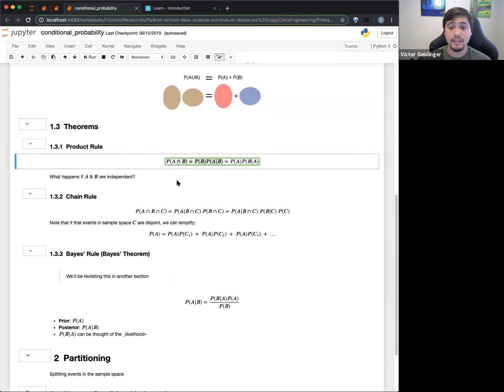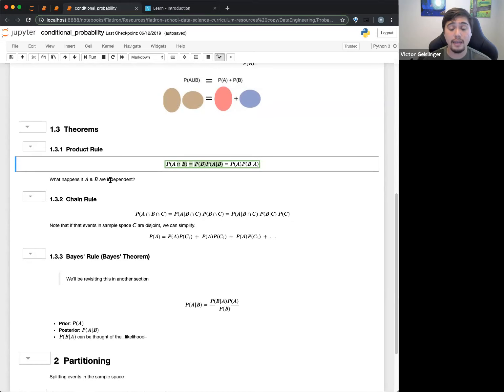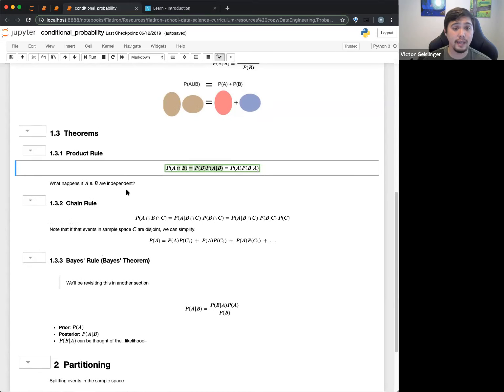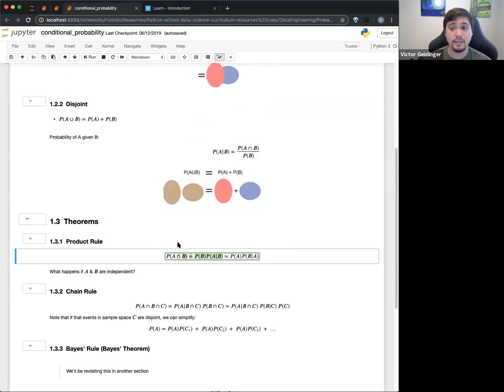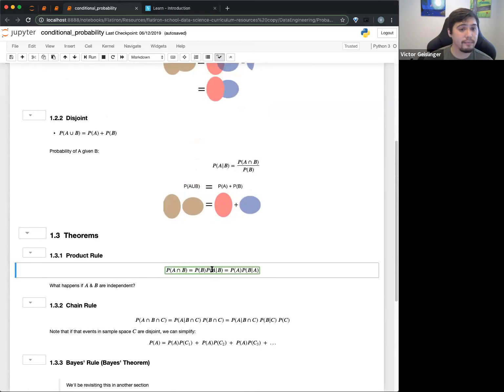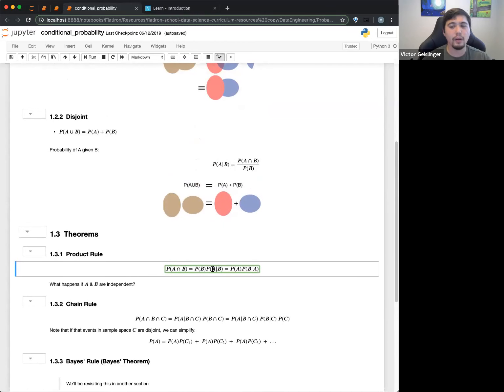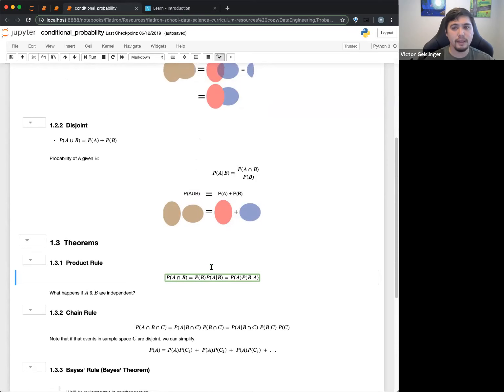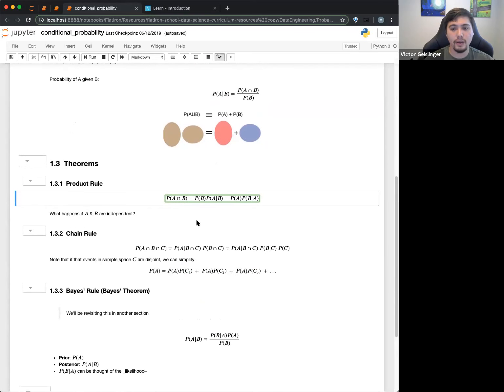It's just that if A and B are independent, that intersection is simply the probability of A times the probability of B. That would simplify further: the probability of B times the probability of A if they were independent, right?